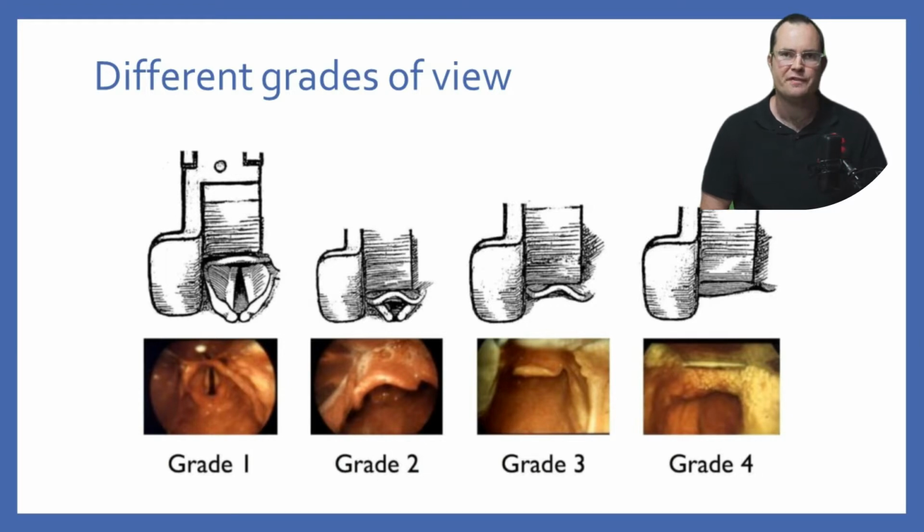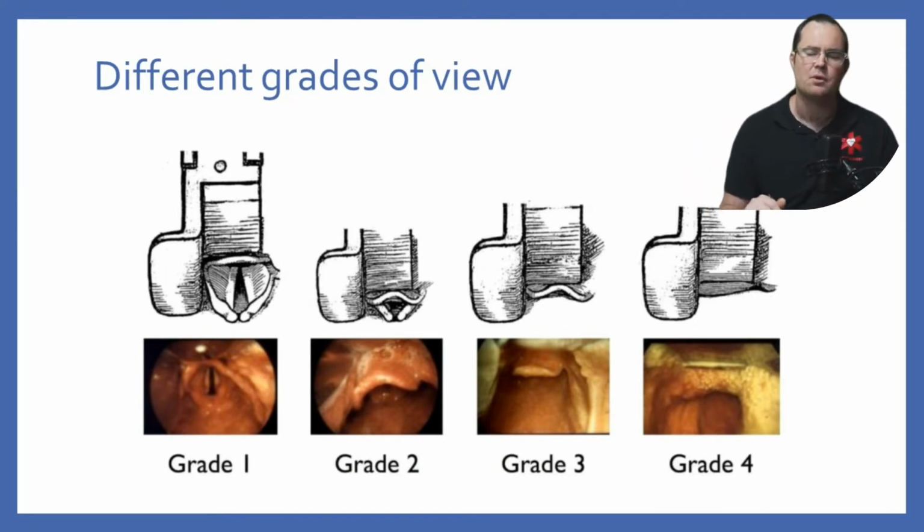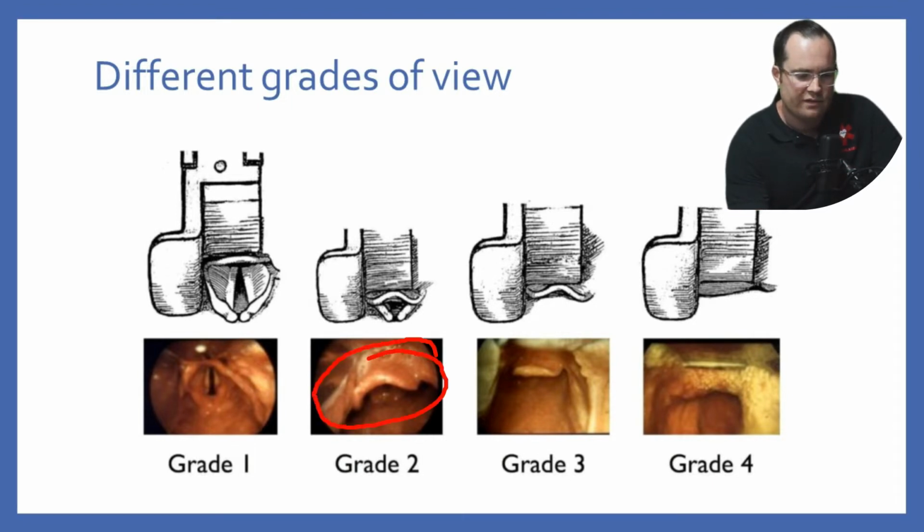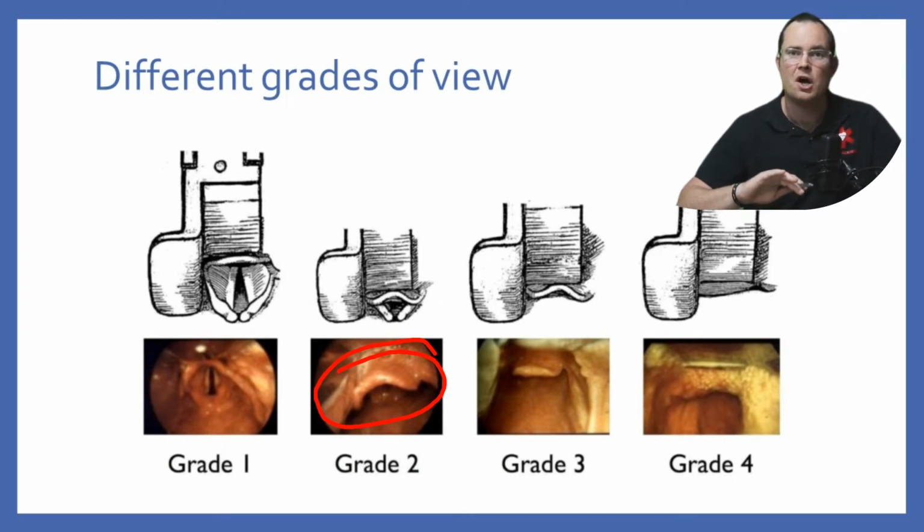A grade 2 view is probably more common in EMS than a grade 1. And it's not always because you're using improper technique. Most of the time, I think a grade 2, especially grade 3 and 4, which we're going to get into, are most likely from improper materials. So we see this piece of flesh right there. That is your epiglottis. Understand that it is 100% go time whenever I see the epiglottis.